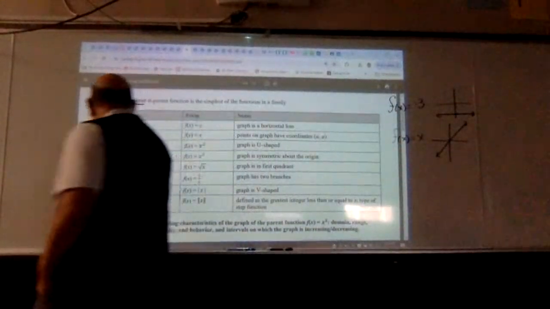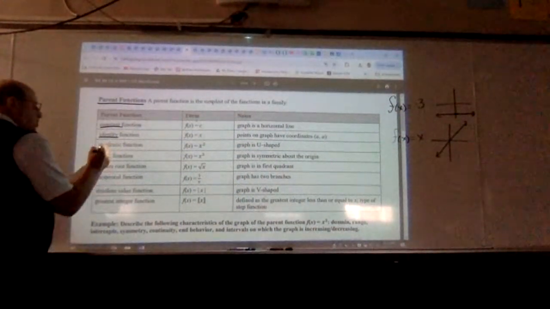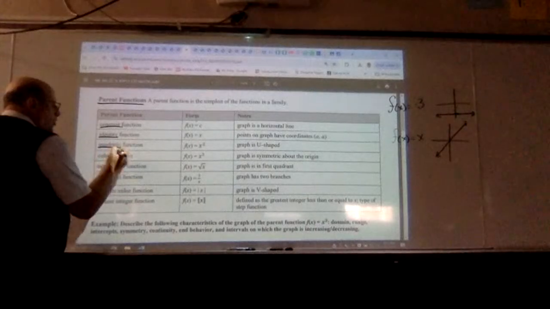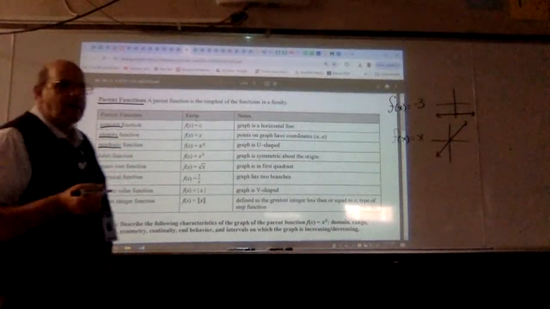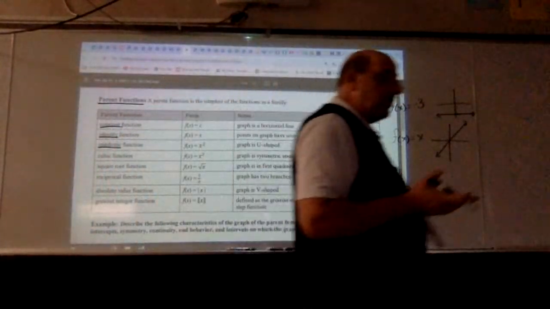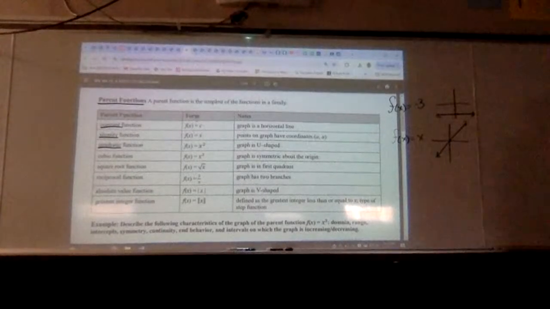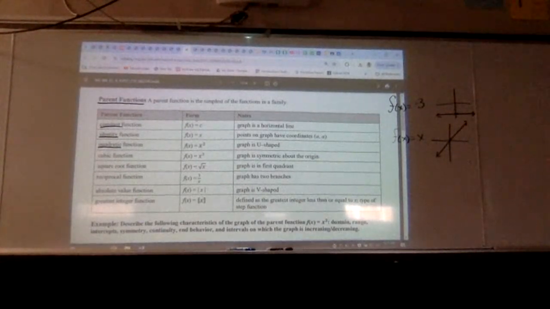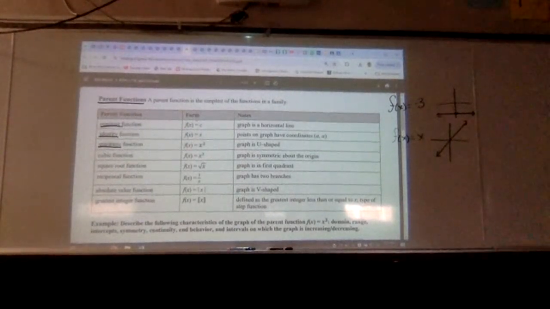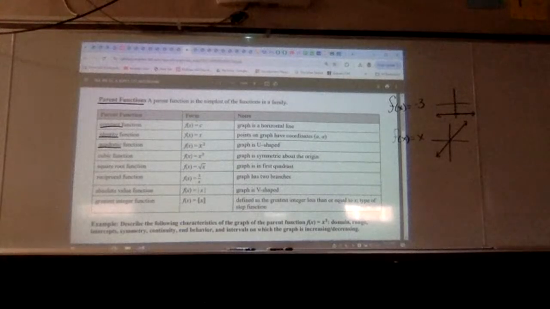Number 3, this is the one that you should have worked with a lot in Algebra 2. It was finding everything you could possibly find out about the quadratic. So here we go. This is what it looks like.